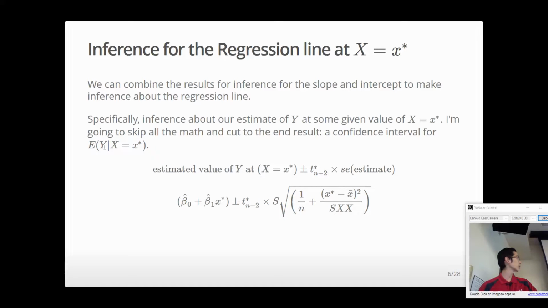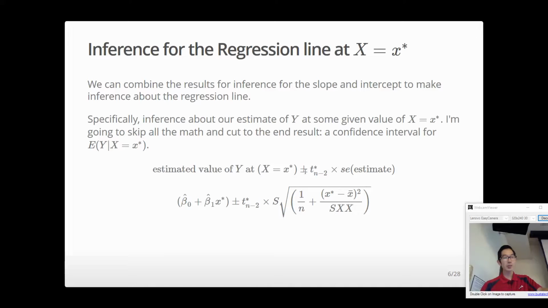So this is a parameter, right? This is some value in the population that is unknown to us. This is the expected value of y in the long run when x takes on this particular value x star. So this is a population parameter. It's just that there are lots of x stars, so it's a line.